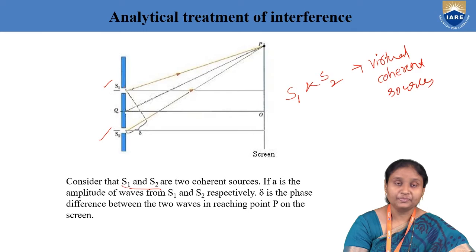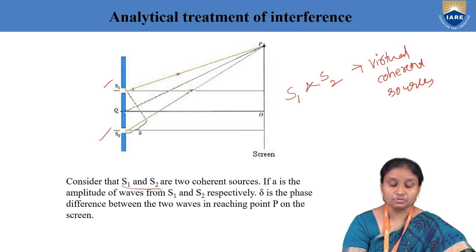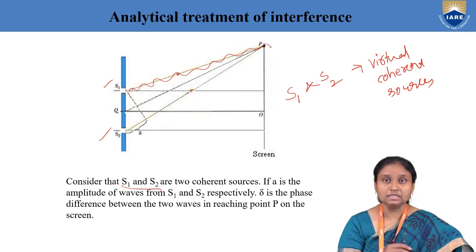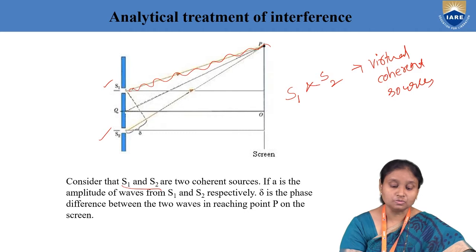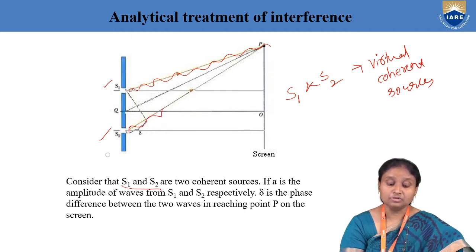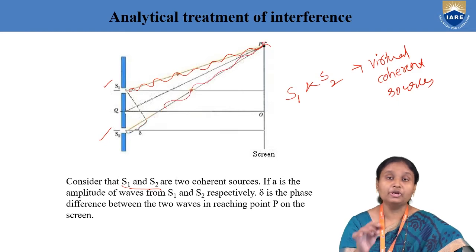Now as you can see, there is one wave starting from source S1 and it is reaching point P on the screen. Similarly, I have one more wave starting from the middle point of source S2, and it is reaching the same point P on the screen.